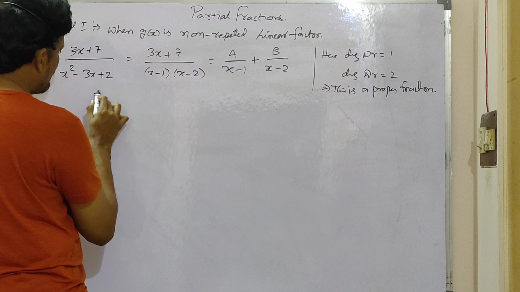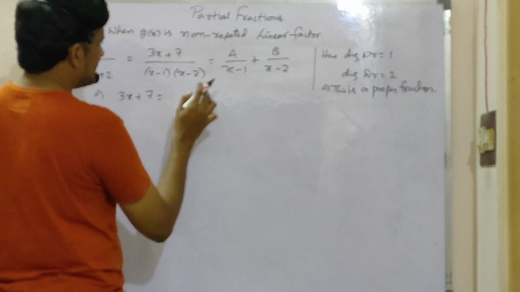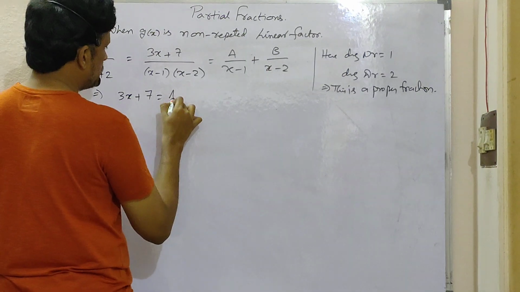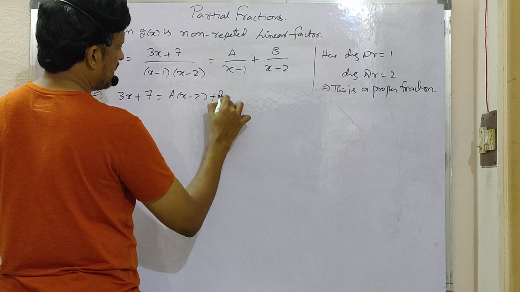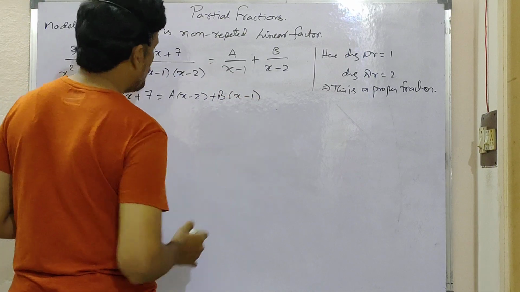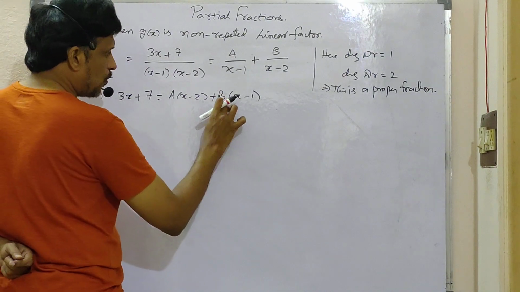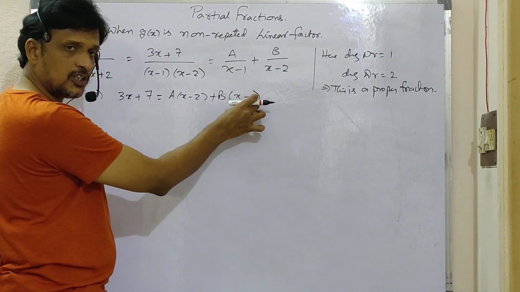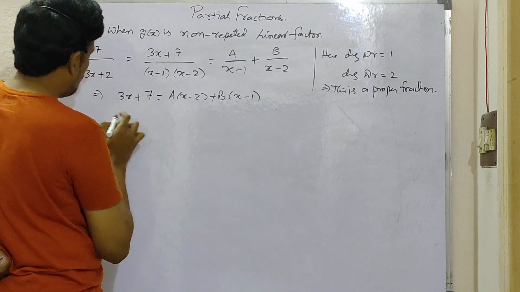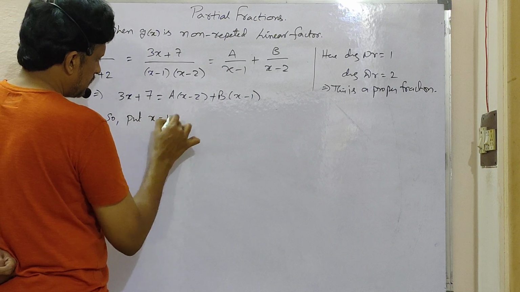Now by taking LCM and equating the numerators, 3x plus 7 is equal to A into (x-2) plus B into (x-1). To calculate A, eliminate B. Eliminate B means the coefficient of B should be 0. x minus 1 is equal to 0 is possible when x is equal to 1. So put x equal to 1.